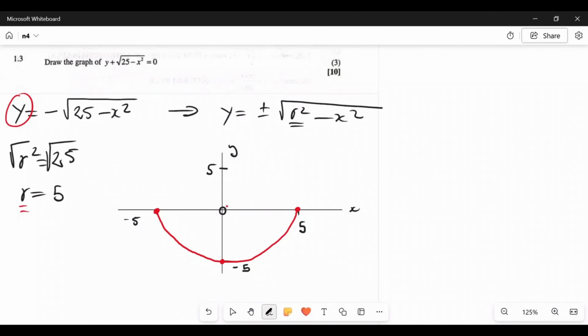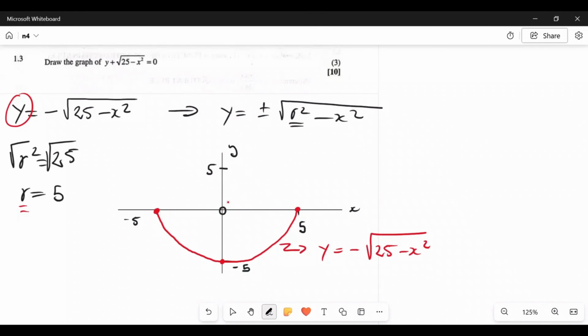There we go. So here is our semicircle. As you can see, it's intersecting the y-axis, but on the negative side because of the negative there. So what you can do here is name this graph y equals negative root of 25 minus x squared.